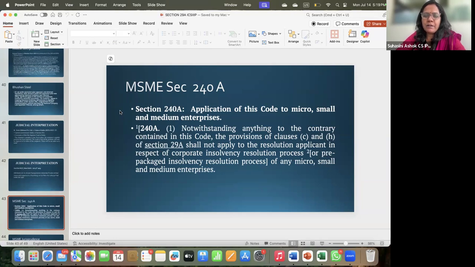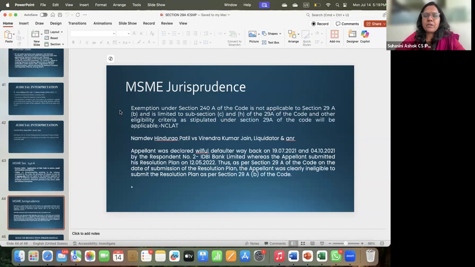So here, notwithstanding anything contained in 29A, it shall not apply to the resolution applicants in respect of CIRP of any MSME or under pre-pack insolvency. Even for pre-pack, this is not applicable. Again, same point, Section 29.